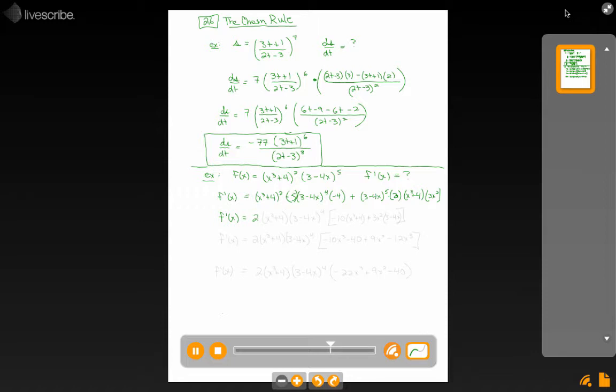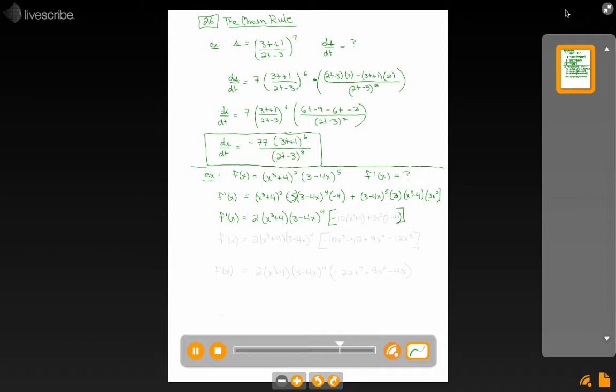I also have x cubed plus 4 common to both. First one has it squared, second one has it to the 1, so I take out the smaller of the two exponents. I have (3 minus 4x) to the 4 and to the 5, so I'll take out to the exponent 4. Now, what do I have left over after I've common factored that?